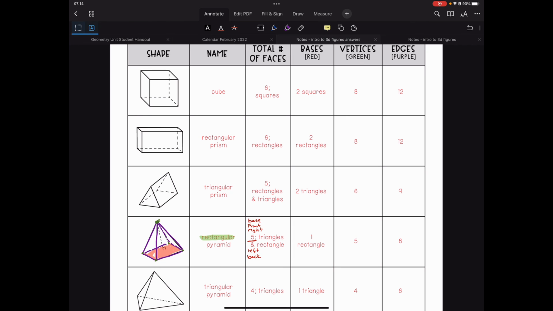The third shape is a triangular prism. There are 5 total faces, which are rectangles and triangles. The bases are 2 triangles. The vertices, there are 6 of them, and the edges are purple.